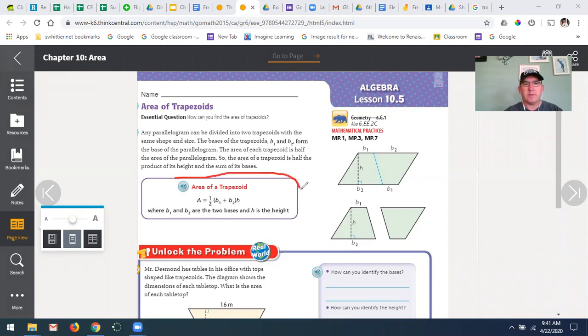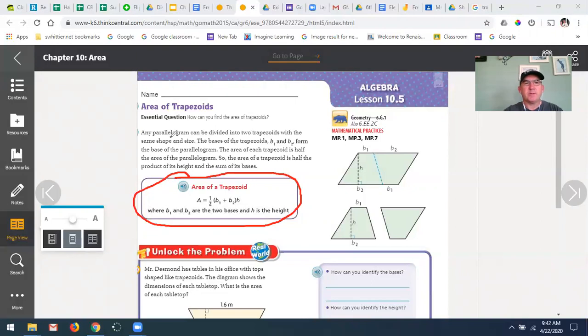So here is our formula: A equals 1/2 times the sum of base 1 and base 2 times the height. B1 and B2 are the two bases, and H is the height.